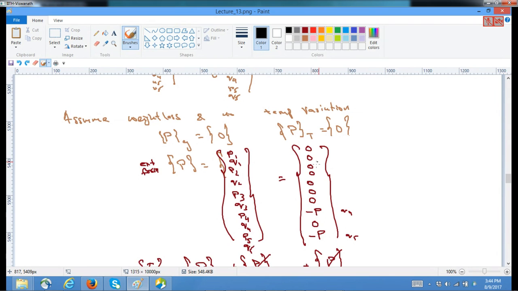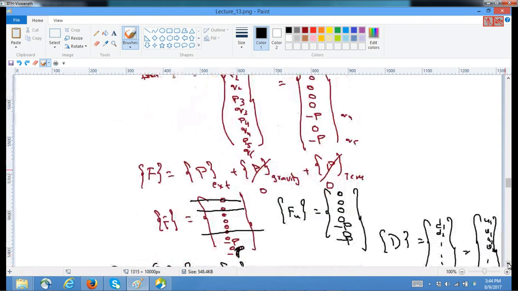That can also be added, but since the current problem doesn't have that, I have ignored it. And then I've just added my total force, which is nothing but external forces, gravity forces and temperature, which are ignored because of 0. This is my total external forces acting, and that will become my total force also acting on the system.